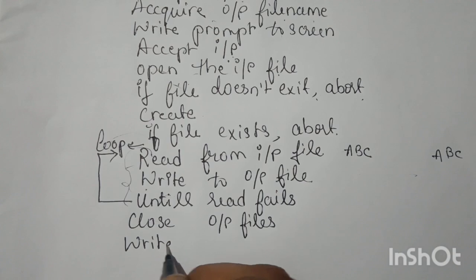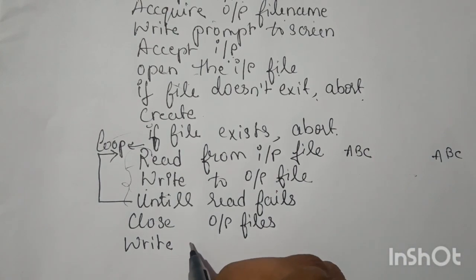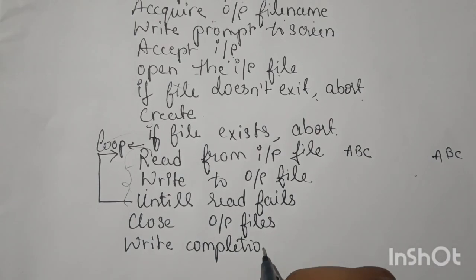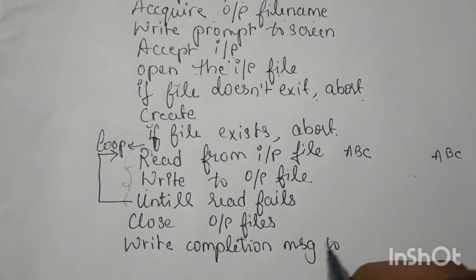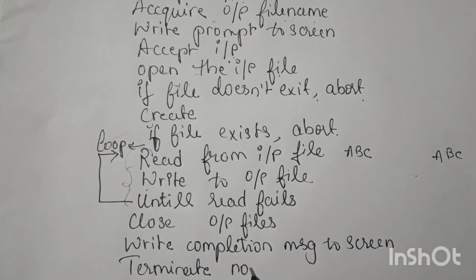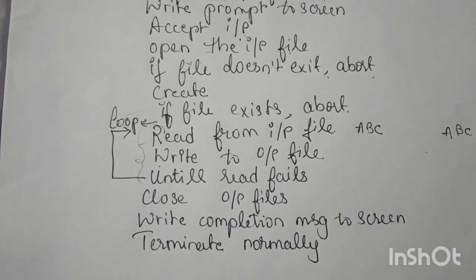So you have to write a message to the screen, or one system call from the operating system will display a message on the screen saying I have completely copied. After that there is one more system call, terminate normally. That means you're ending that process, so the process is terminated successfully.